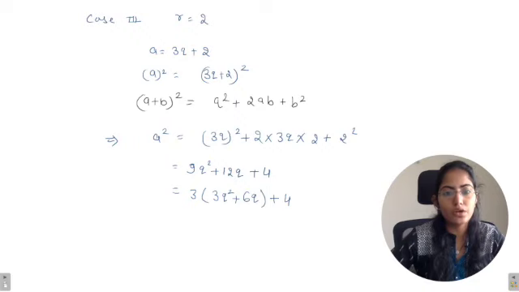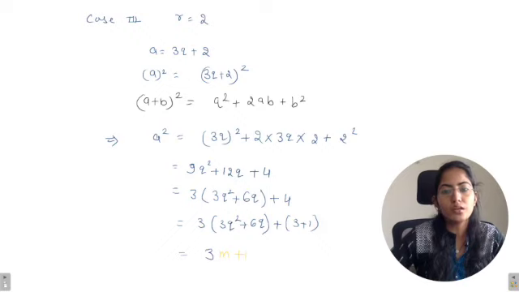So 3q square plus 6q plus 3, plus 1. Again we can take 3 as a common, so we again get 3m plus 1, where m is some integer.